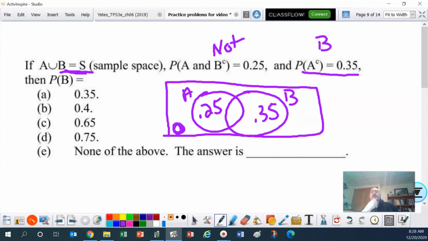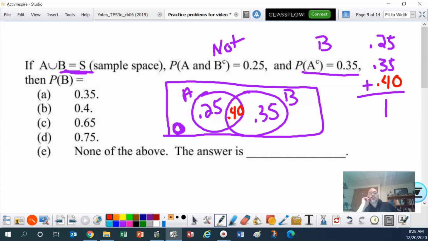Okay. So now when I add this all together, including the center, if I take 0.25 and 0.35 and whatever's in the center, it's supposed to add up to 1. Oh, I got this. I'm going to take 0.25 away from 1 and 0.35 away from 1. Let's see, those add up to 60, so it looks like the center is going to be 0.40.